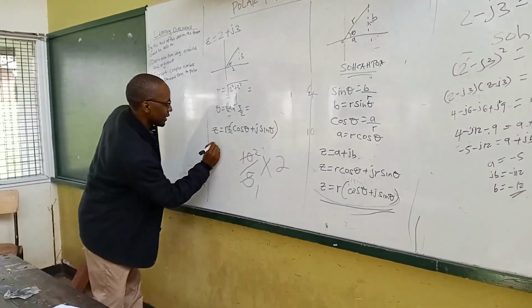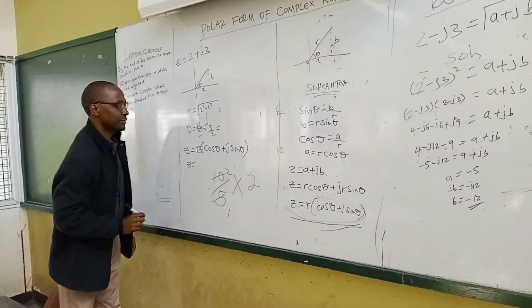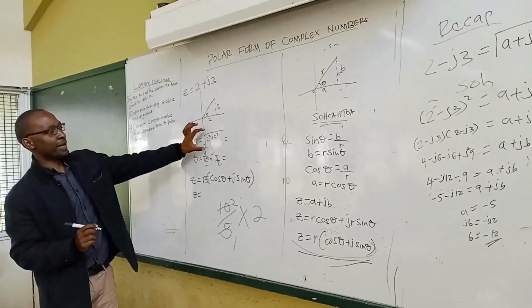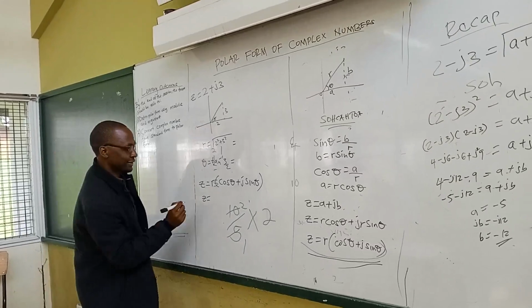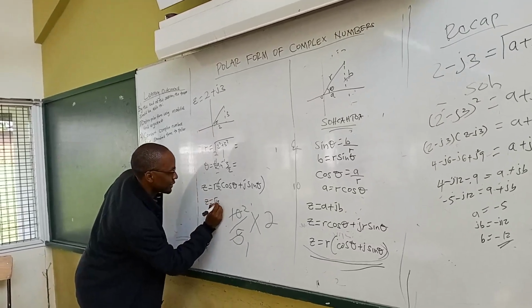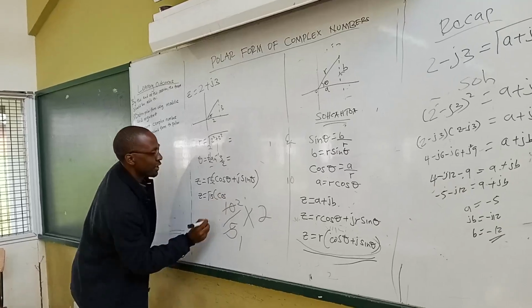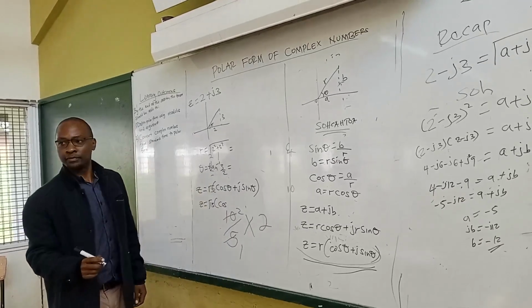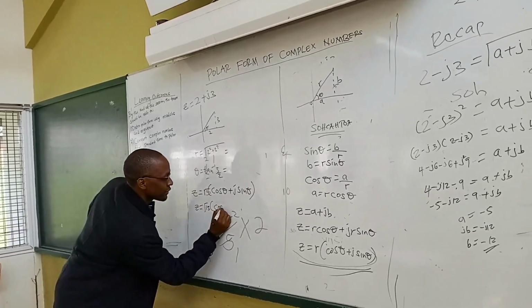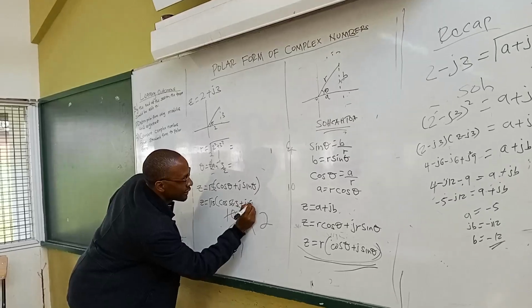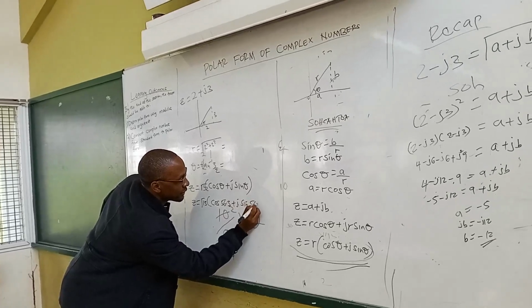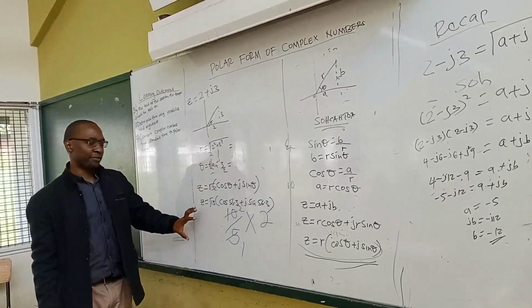Our R is root 13, right? So root 13 into cos, our theta here will be 56.3, plus J sine 56.3, and that is our final answer.